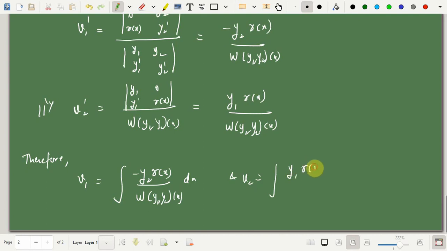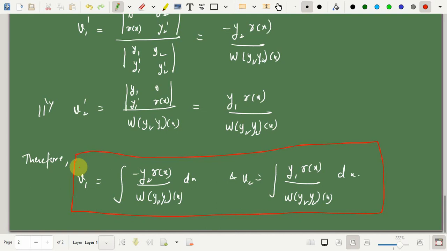It is the integral of y1 r of x, y1 is a function, don't forget that, dx. So that's what we require to know. I would put this in a bracket because this would serve as a formula for us when we are solving a non-homogeneous differential equation with this method.